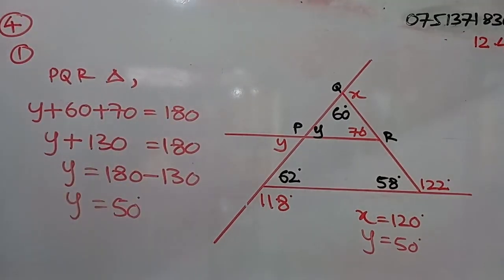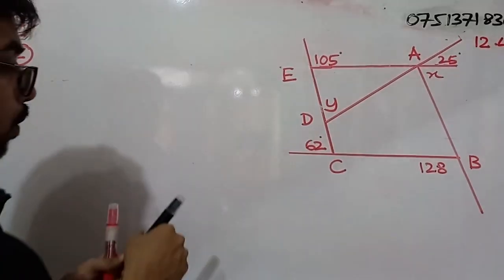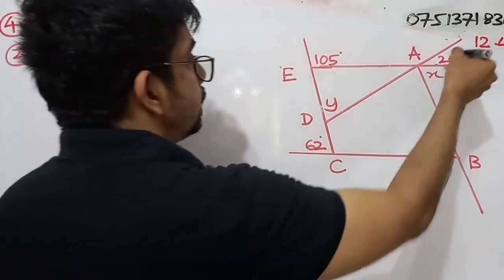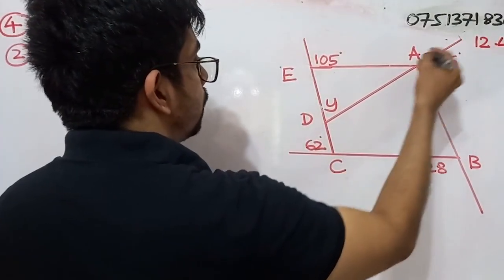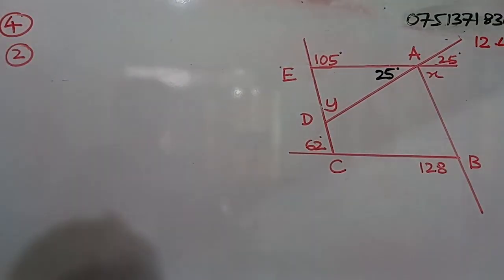50 degrees. Right. So here we have a figure where we have to calculate the values of X and Y. Okay. So we can easily say, if this is 25 degrees, this is also 25 degrees, no? Why? Vertically opposite angles.